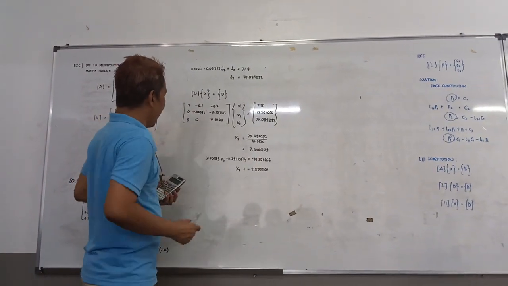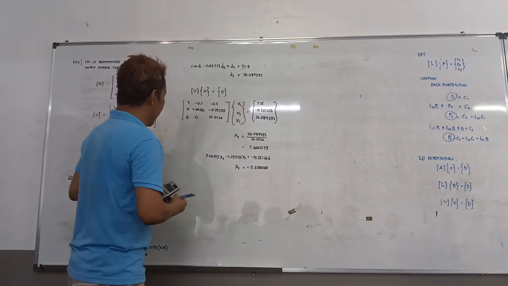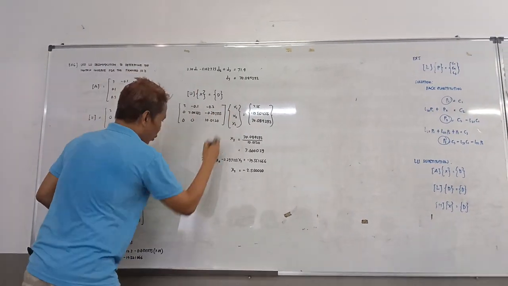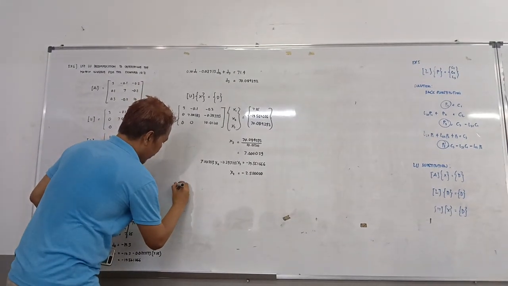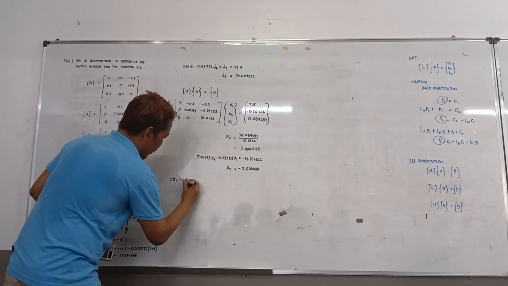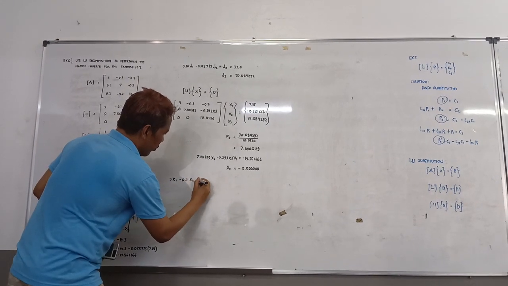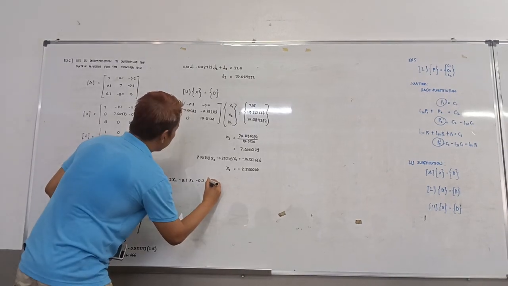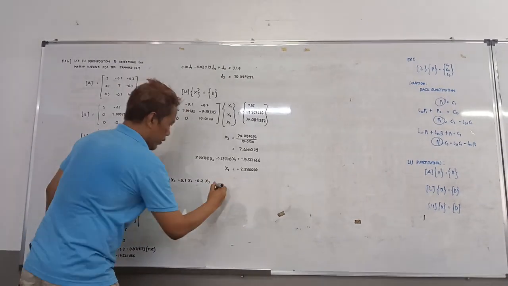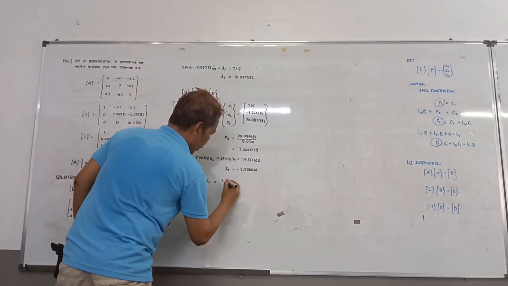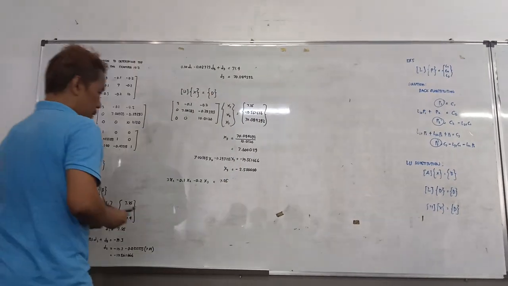And lastly, we have to solve for x1. We have 3 times x1, negative 0.1 times x2, negative 0.2 times x3, which should be equal to 7.85.